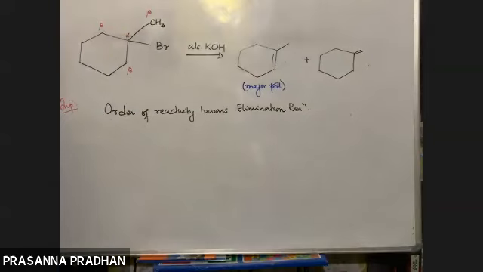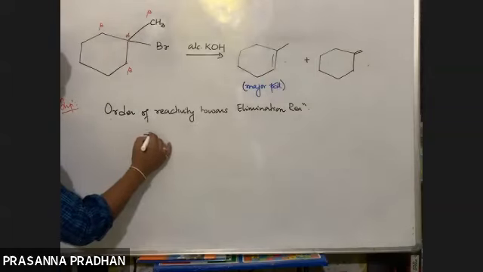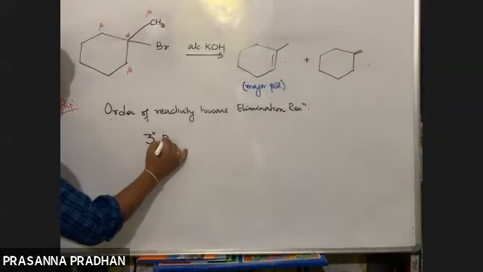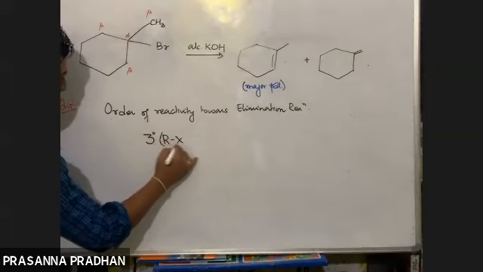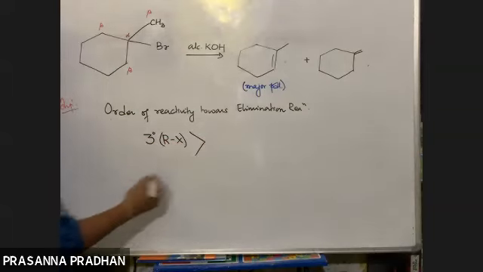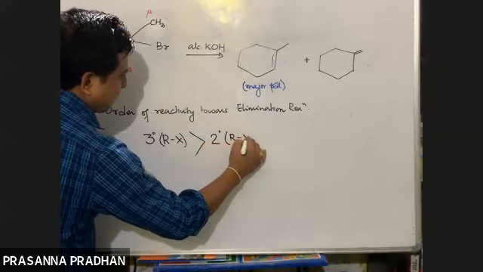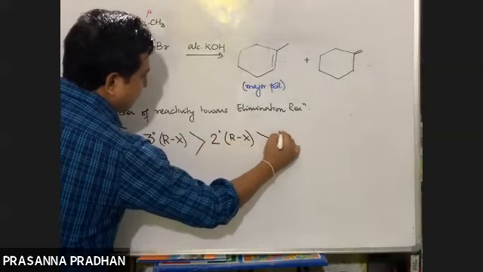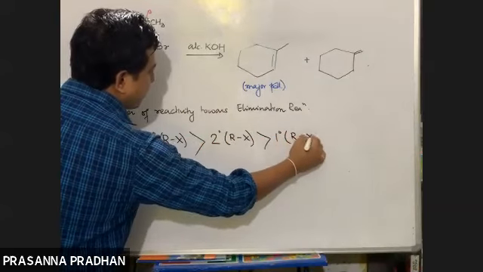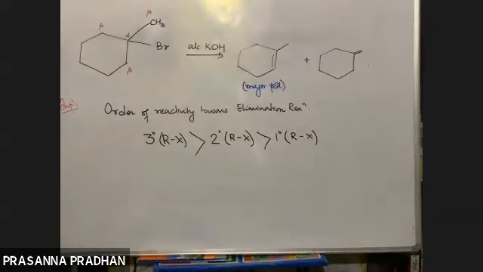So what is the order of reactivity towards elimination reaction? Remember, the order of reactivity is 3-degree alkyl halides will be most reactive, followed by 2-degree alkyl halides, followed by 1-degree alkyl halides. So this is the order of reactivity towards the elimination reaction.